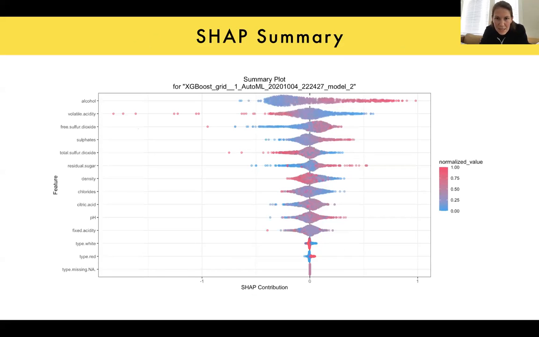So this is a SHAP summary plot. I mentioned before, one of the main use cases of SHAP is to understand on a row-wise prediction level how much each of the variables are contributing to that single prediction.